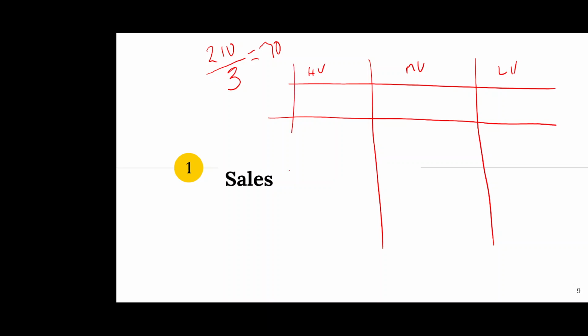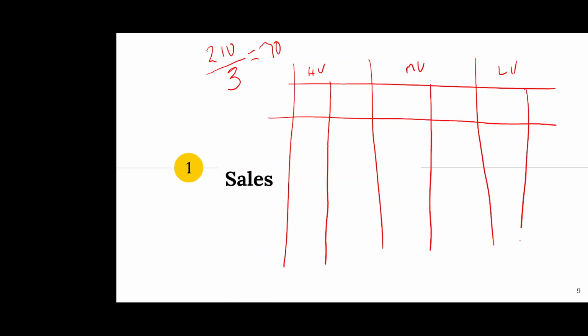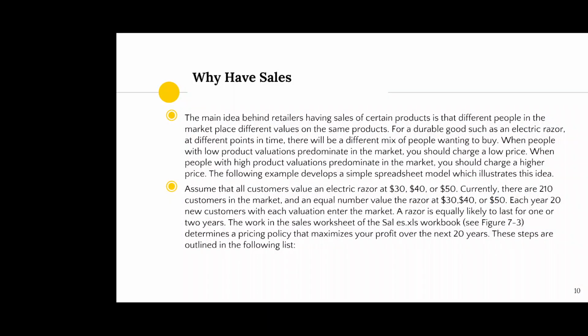But we also divided the segments here into buyers and non-buyers. Is there any information about that? Let's take a look. Over here, each year, 20 new customers with each valuation enter the market.